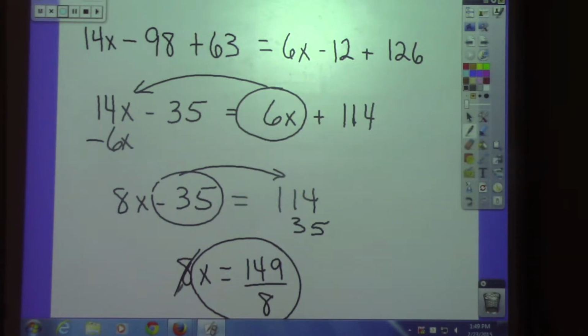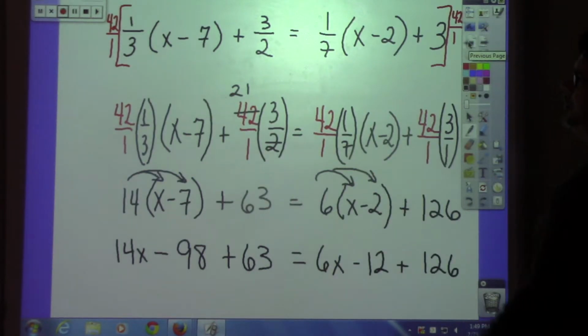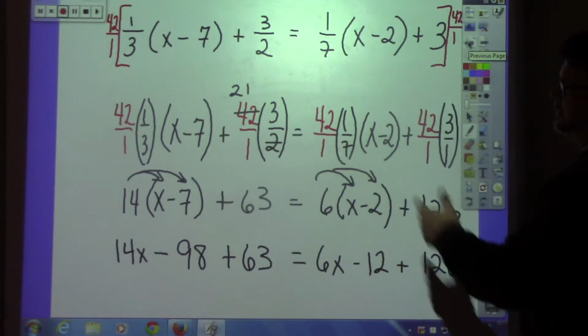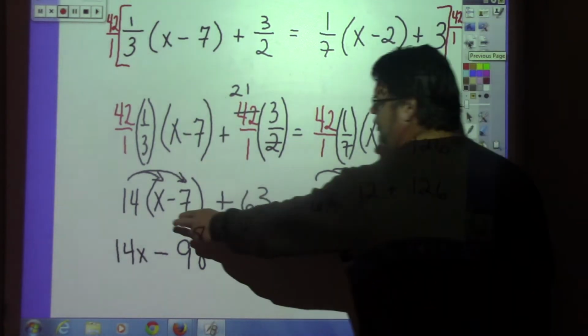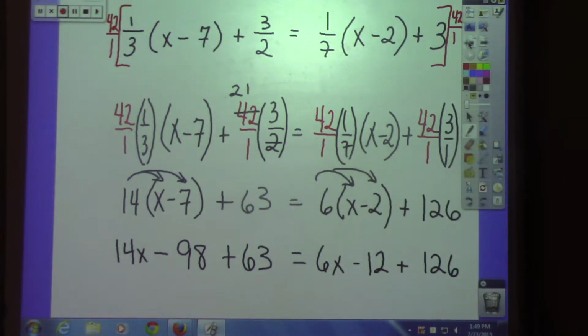Nothing. I mean, go back. I multiplied through by 42. And then I distributed. I multiplied by 14. I multiplied by 6. And then I combined like terms.